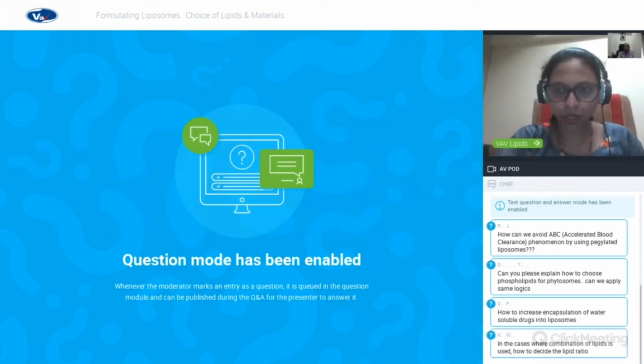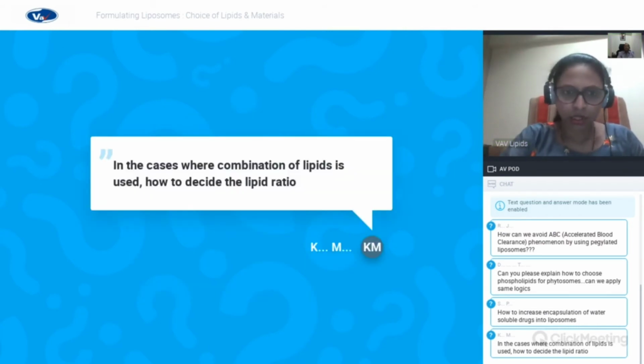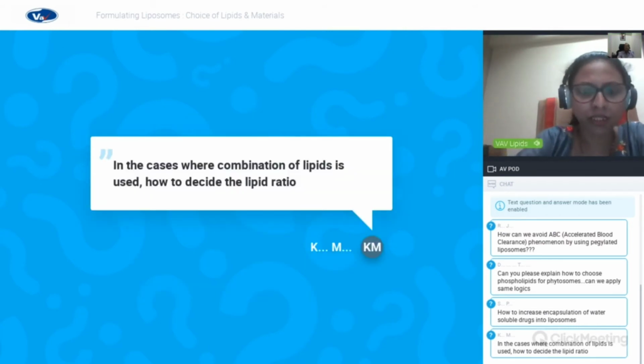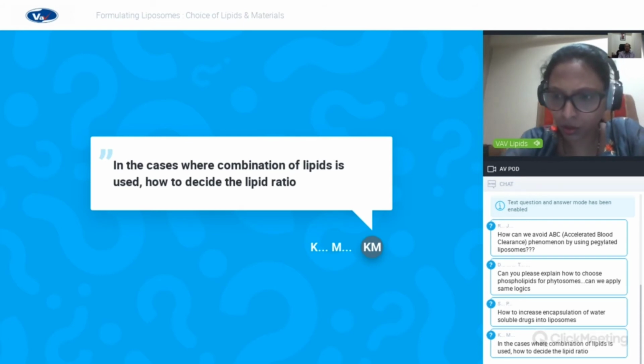Yeah, so we'll move on to the next one, which is: in cases where a combination of lipids is used, how do we decide the lipid ratio? Okay, this was partially covered in my slide. So let's look at the two parts independently.